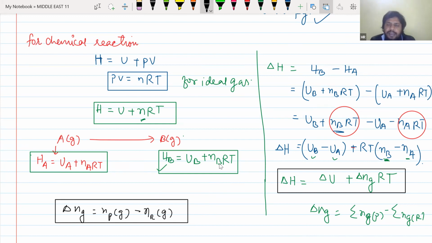It will be equal to its stoichiometric coefficient. Okay, I will give you very many examples.